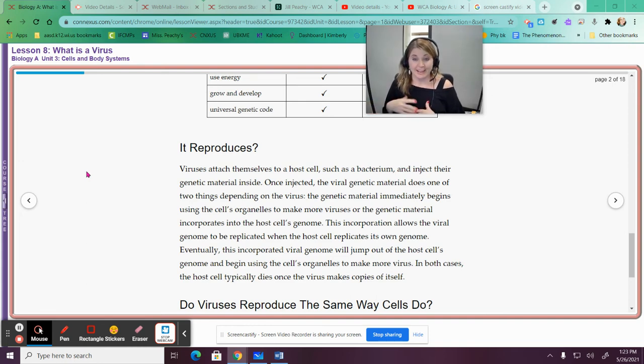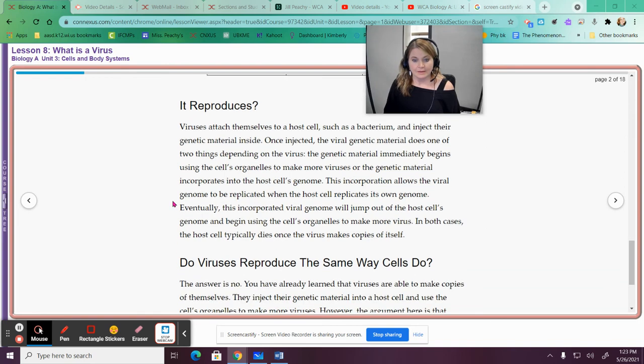At that point, you already have the virus spread throughout a large part of your body because it's becoming active later. That actually happens with the shingles virus. You get infected with that and you don't get sick, sometimes ever, but oftentimes not for many, many years, until you're much older and you end up getting shingles. So again, it can reproduce, but it cannot reproduce on its own.